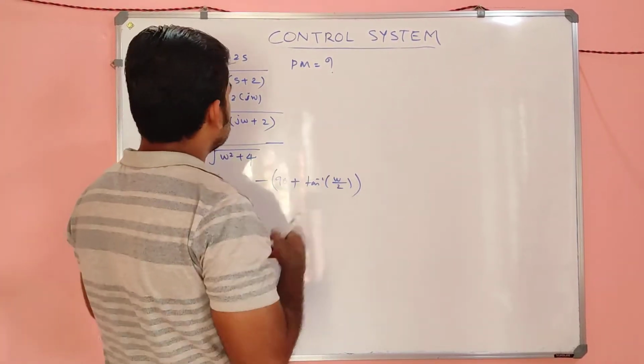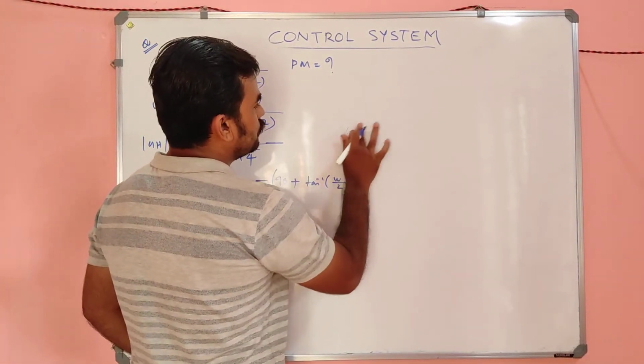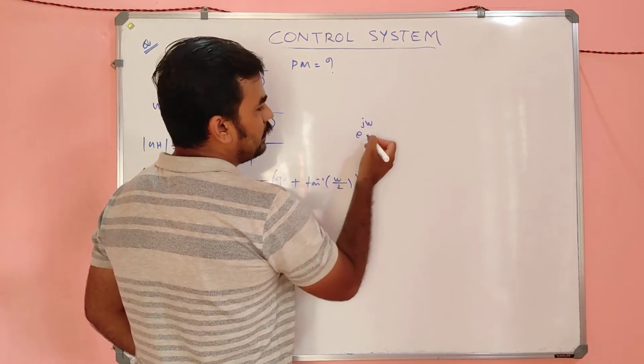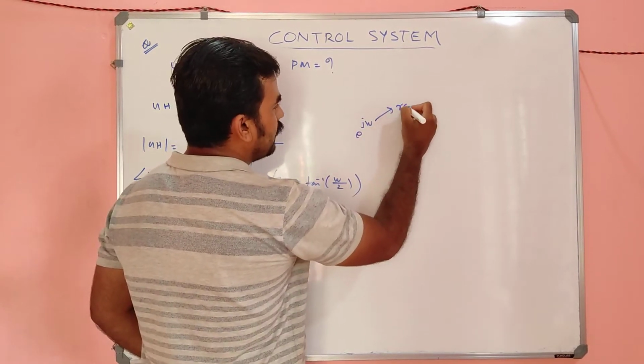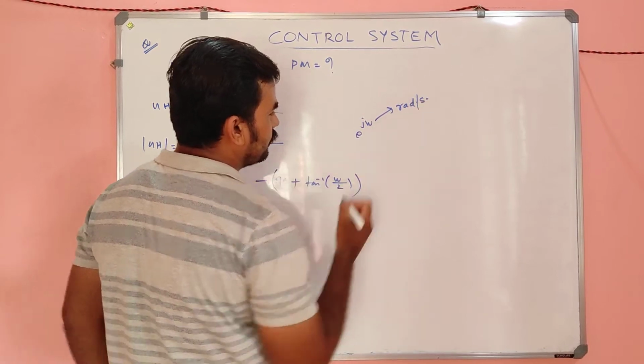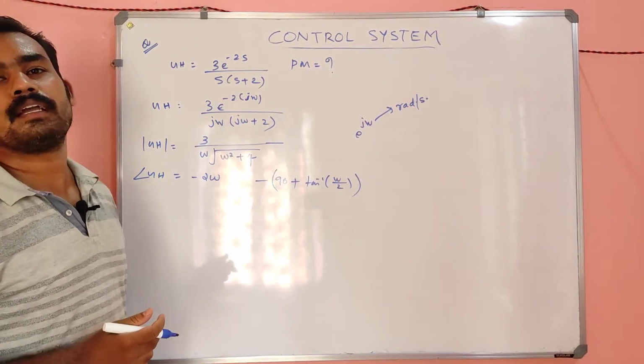See dears, in e raised to j omega, this omega is actually in radians per second, angular frequency.